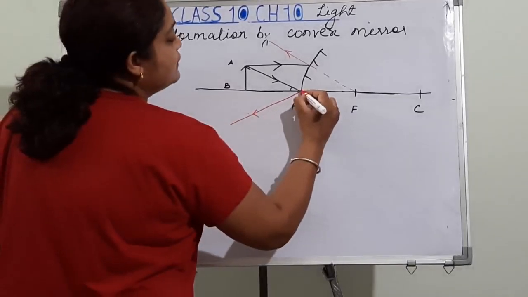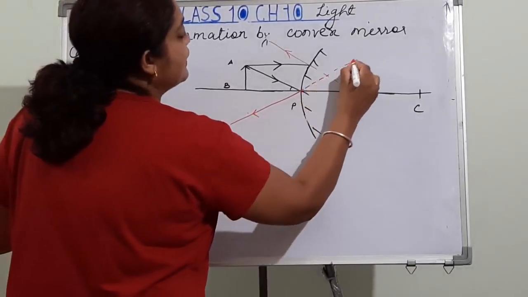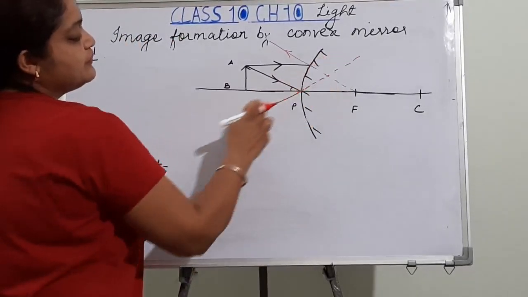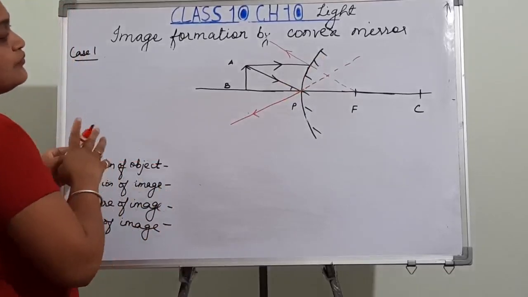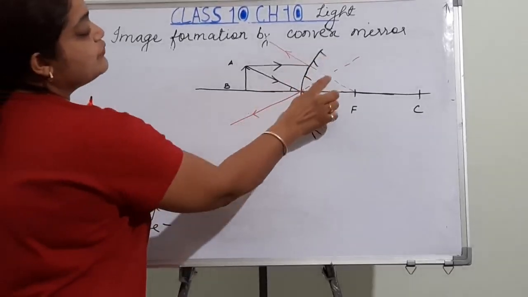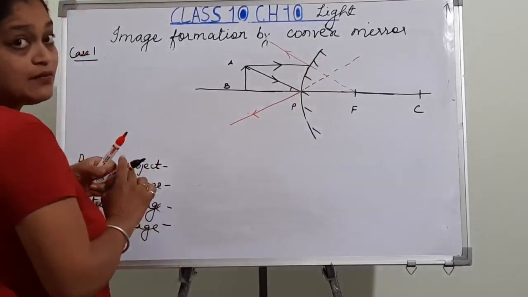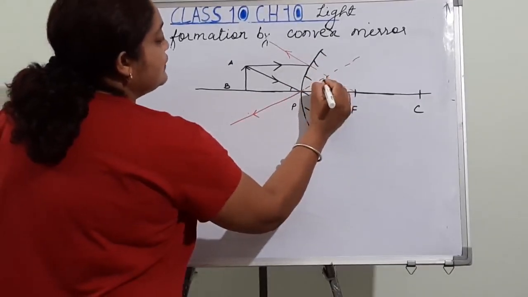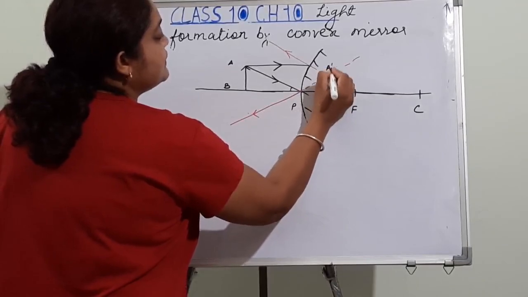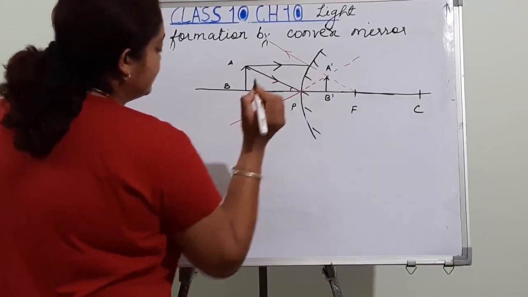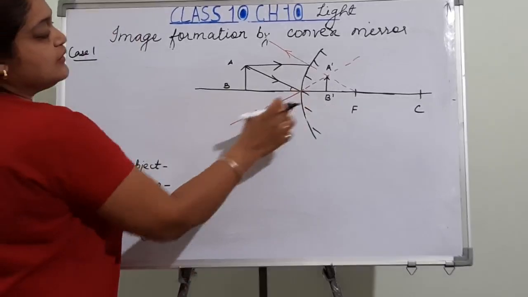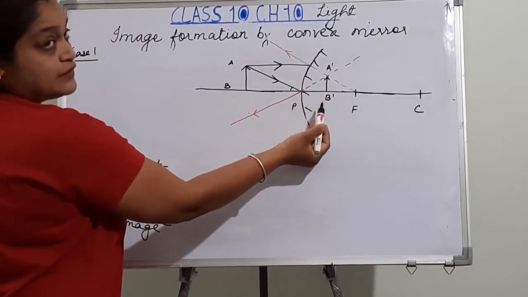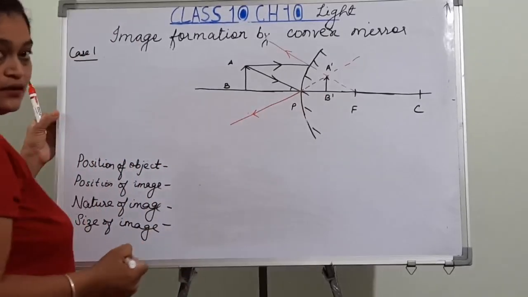And when you produce this ray backwards, behind the mirror, it will appear as if it is coming like this. Where these two produced rays meet, at that point the image is formed. So the image is A dash B dash. You can see clearly that the image is erect. It is virtual and smaller than the object.